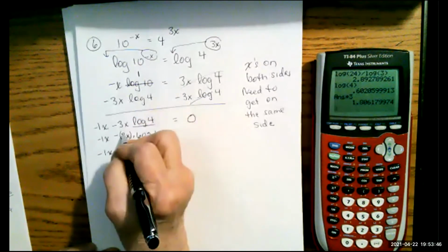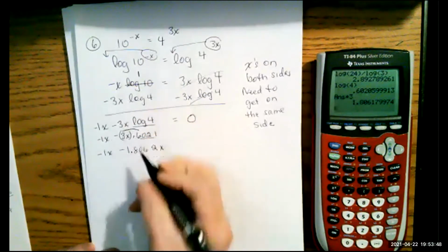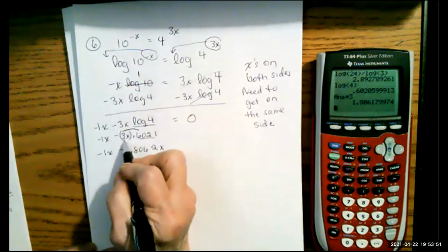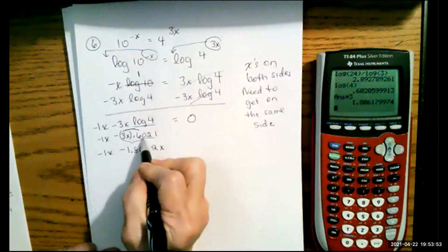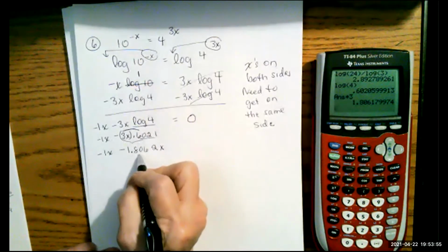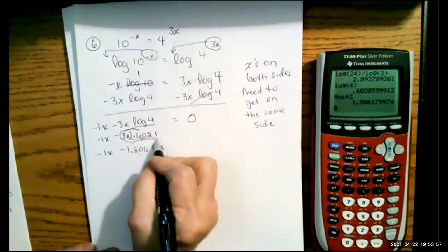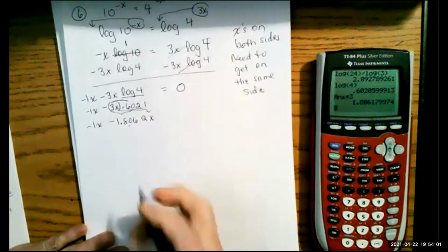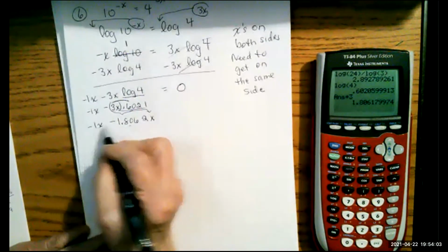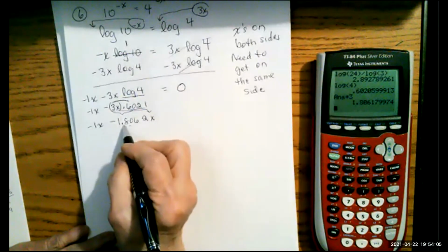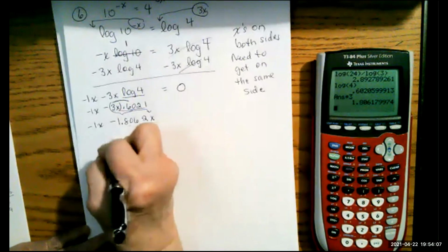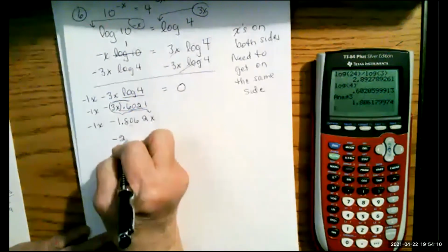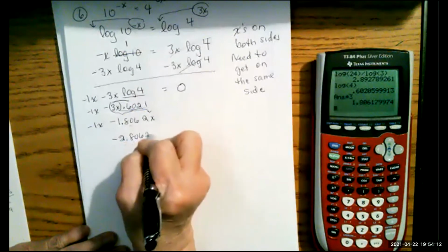So then I'm going to take my 3 and multiply these two numbers. 3 times 0.6021 is this. And this is the x that was there. I haven't changed it. It's still the x. Now then I need to know what negative 1 and negative 1.8062 is. That's negative 2.8062 if I added right.